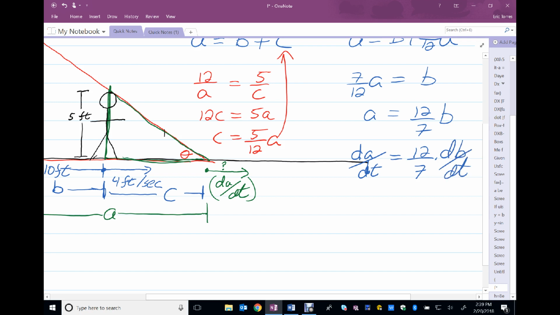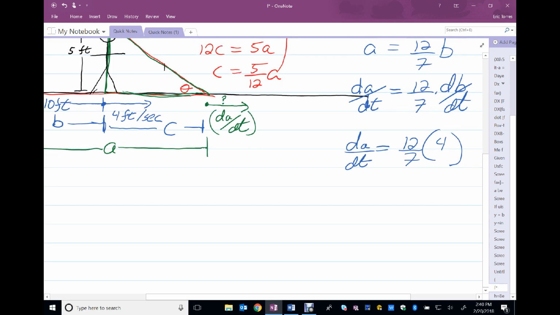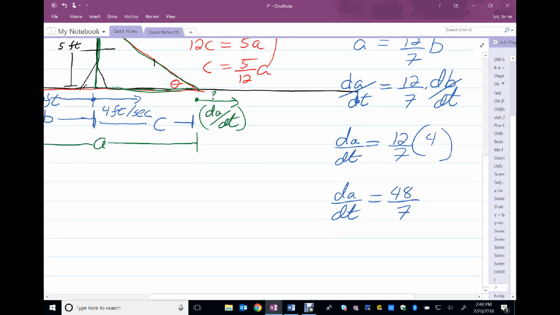And we know how fast the distance from the light pole the man is moving with respect to time. So, in this case, dA dt is going to equal 12/7 times 4 feet per second. And we can leave it as that fraction because it's not a reducible fraction. 48/7, which is just under 7.